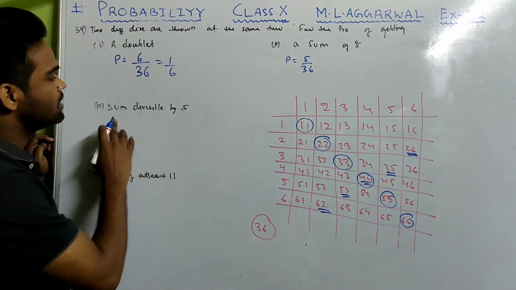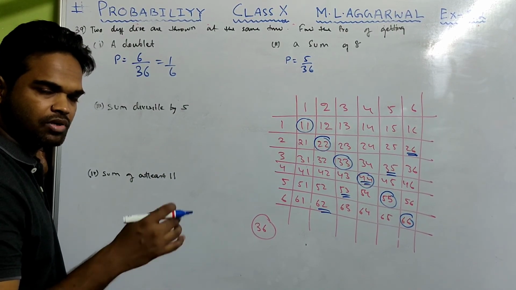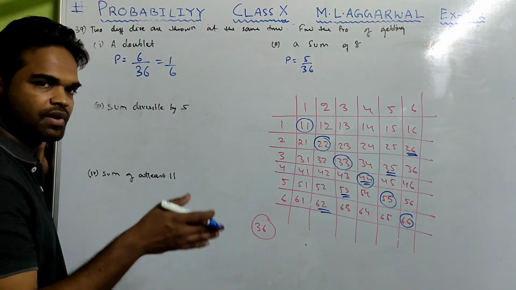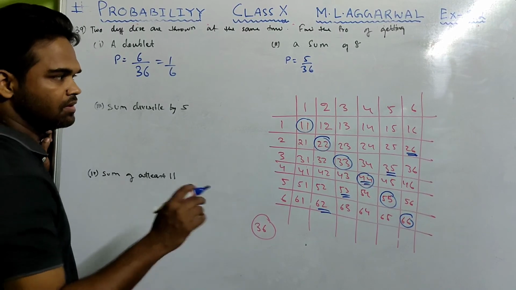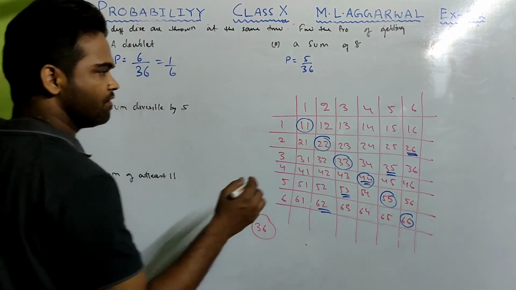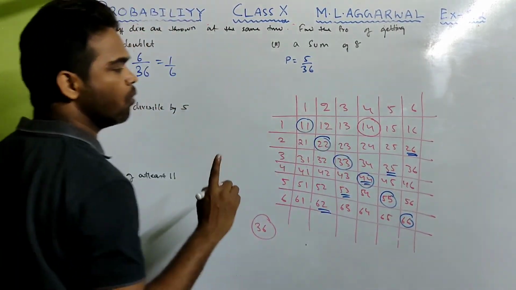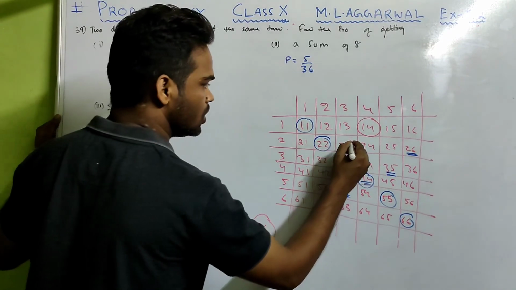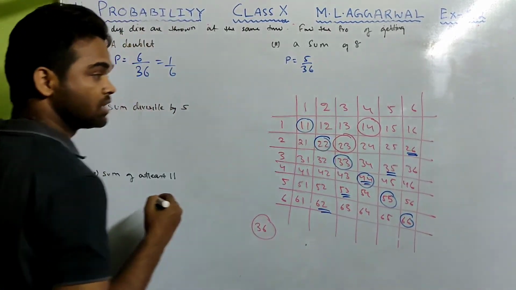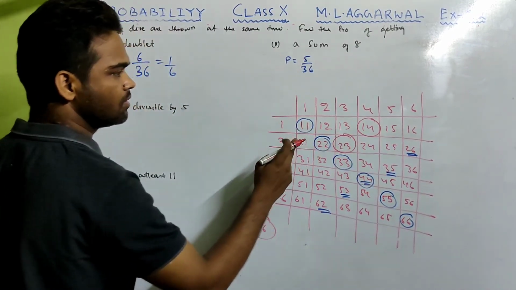Done. Sum divisible by 5, which means when you add them, it should be a multiple of 5, like 5, 10, 15. So see, the cases where you add and you get 5 or 10. 4,1. 2,3. Anything else in this line? No. This one?